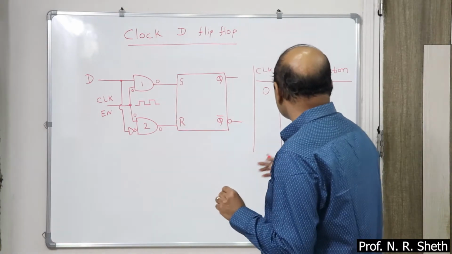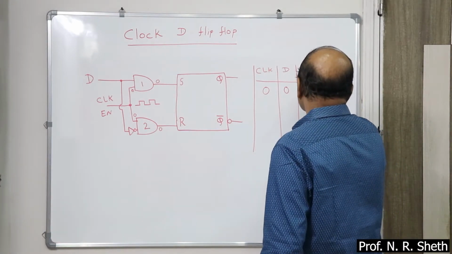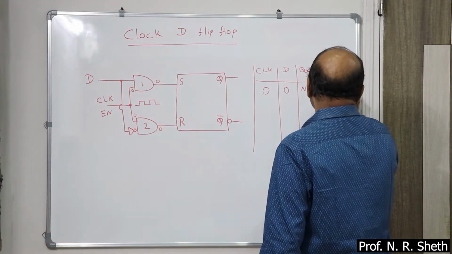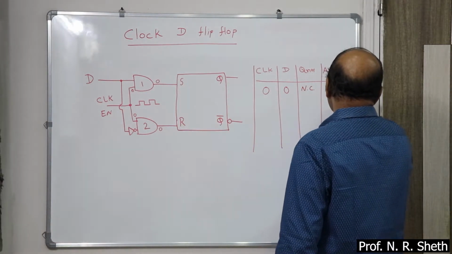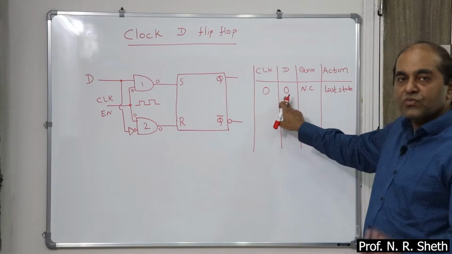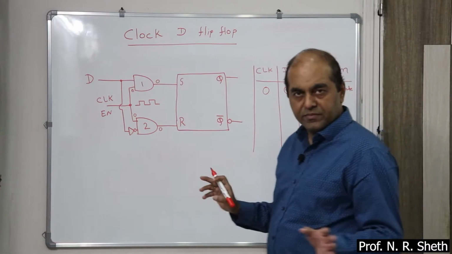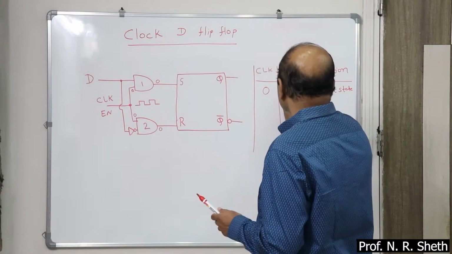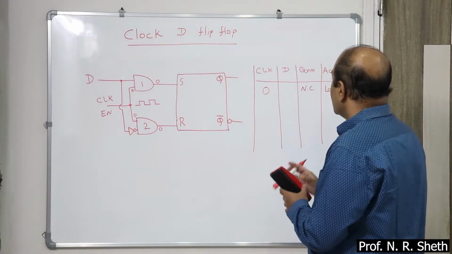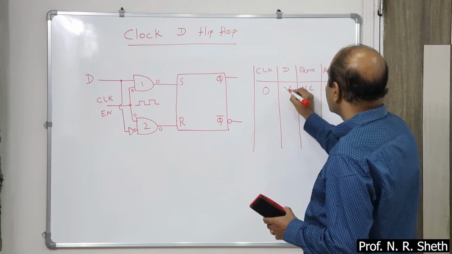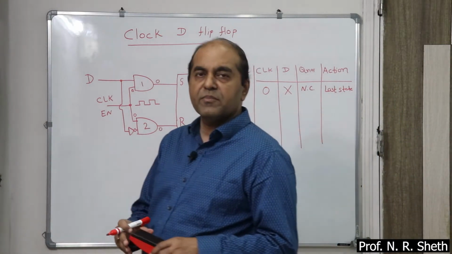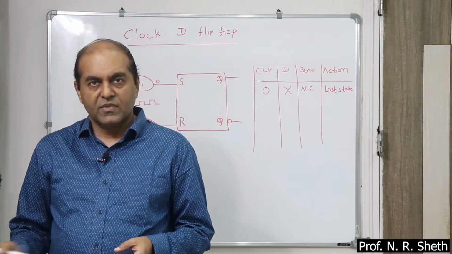That is the no change condition. The flip-flop retains the last state. And even if D is 1, the result remains the same, because one input, the clock pulse, is absent. So here in place of 0, I say that this is don't care. The D input doesn't have any impact. Okay.